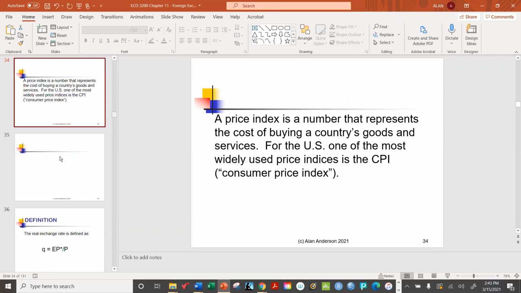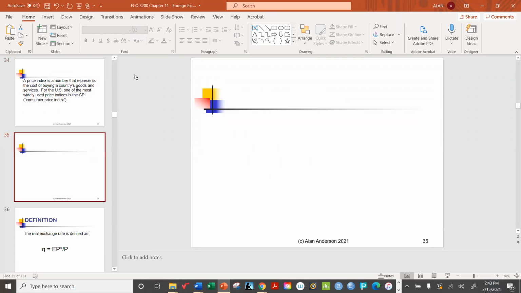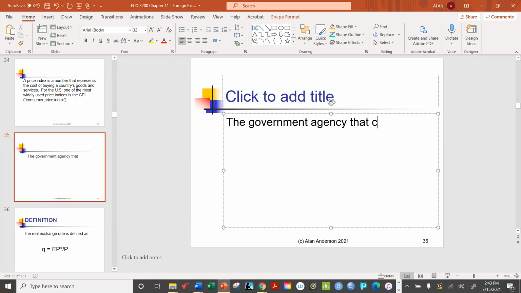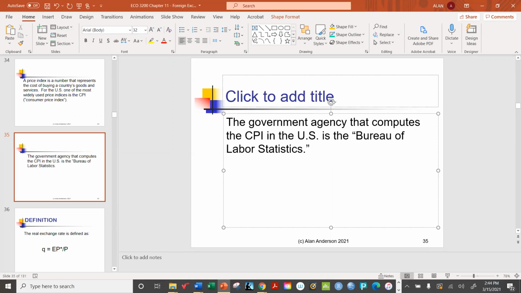In fact, the government agency that computes the CPI in the US is known as the Bureau of Labor Statistics. Okay, so if you go to their website, you'll see that they have all this information available about how they calculate the CPI.